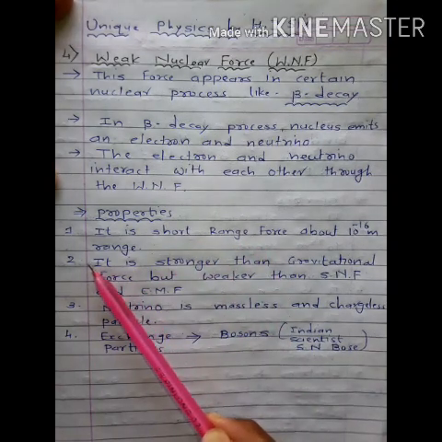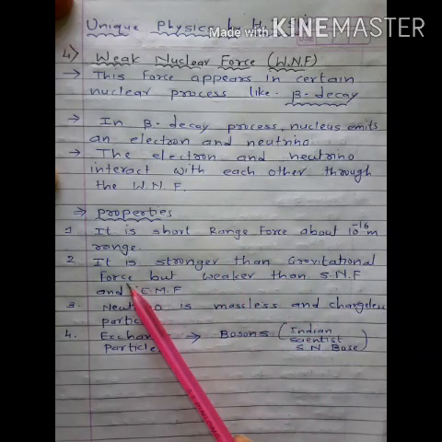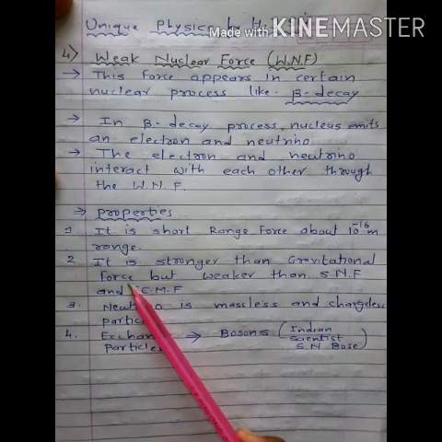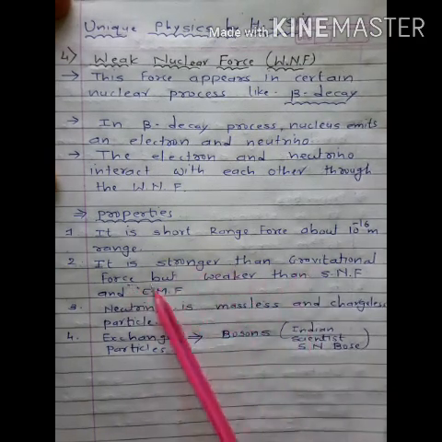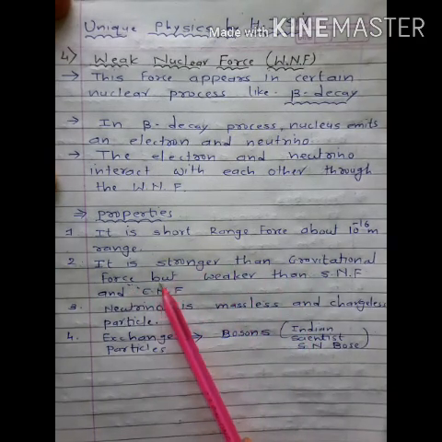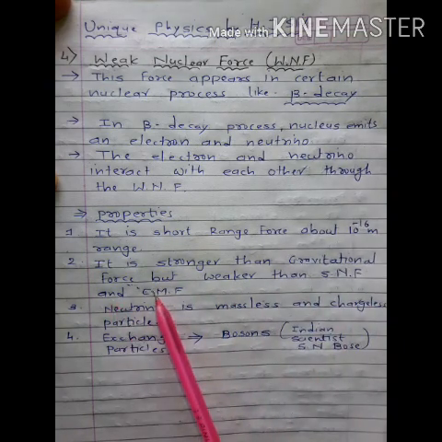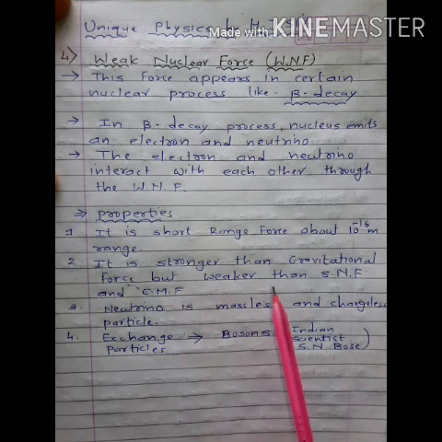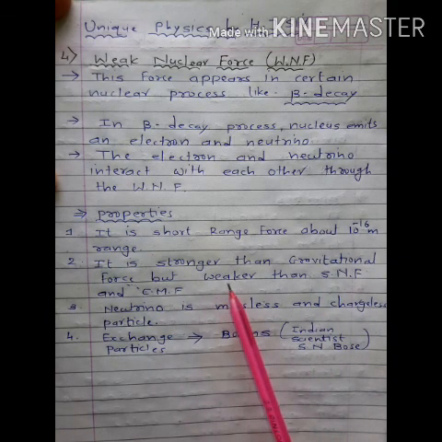Next property, number 2, it is stronger than gravitational force. Remember this point, gravitational force is the weakest force. So this force is stronger than gravitational force but weaker than strong nuclear force and electromagnetic force. So compared to strong nuclear force and electromagnetic force, this force is weak.